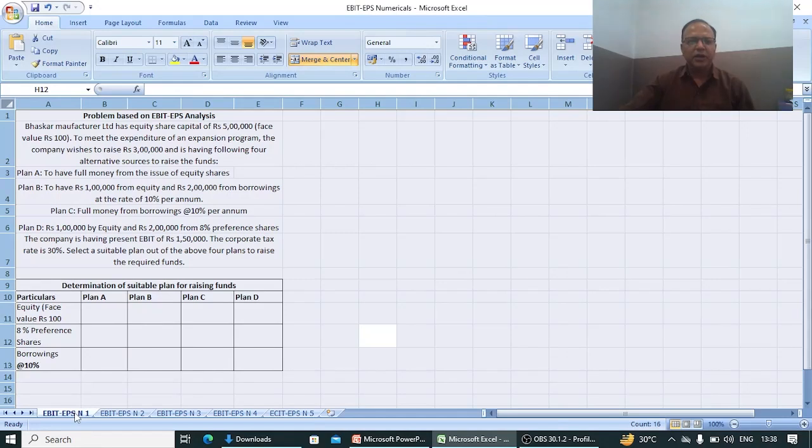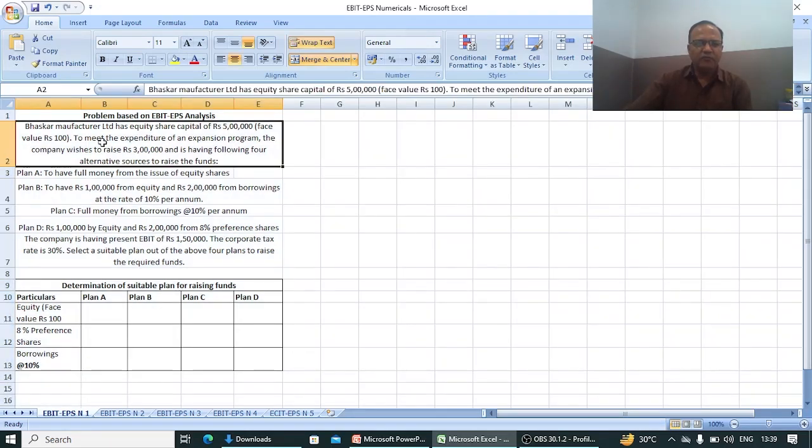This is numerical number one. Problem based on EBIT-EPS analysis. Bhaskar Manufacture Limited has equity share capital of rupees 5 lakh, face value of rupees 100 each.